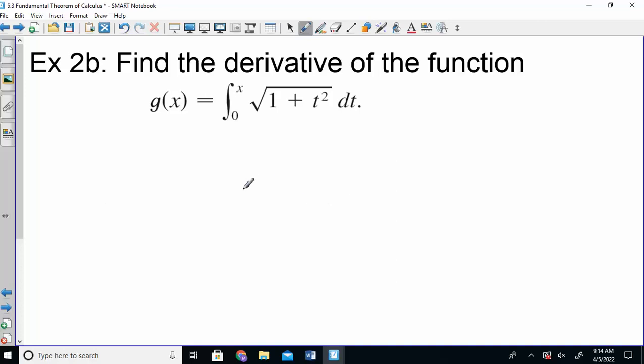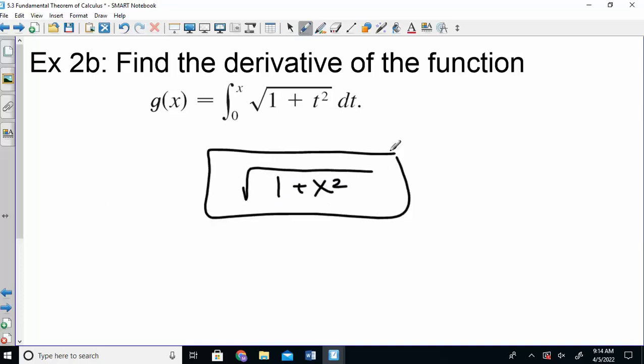What would the answer be? Square root of 1 plus x squared. All you do, since it went from a constant up to x, it doesn't matter what that constant is, all you have to do is replace your t with an x and we're done. Are you okay with that?